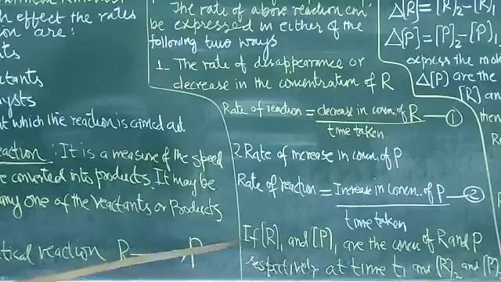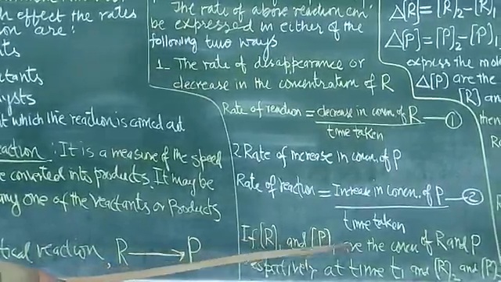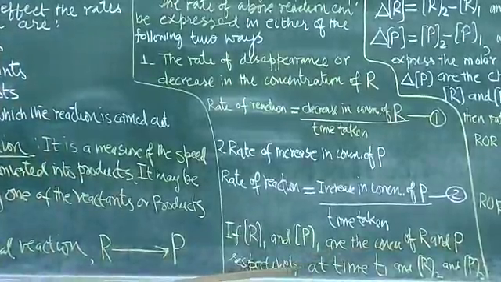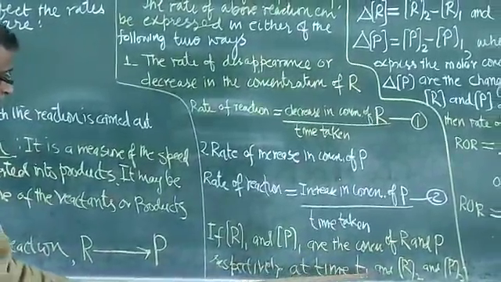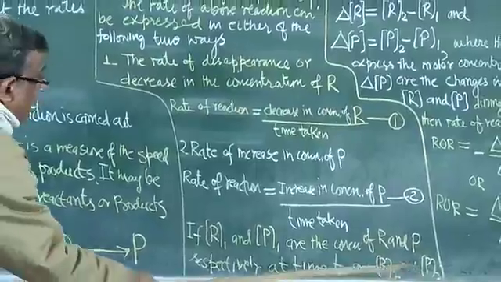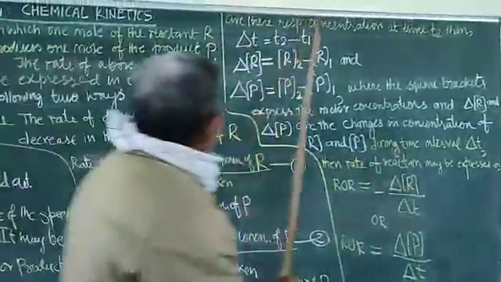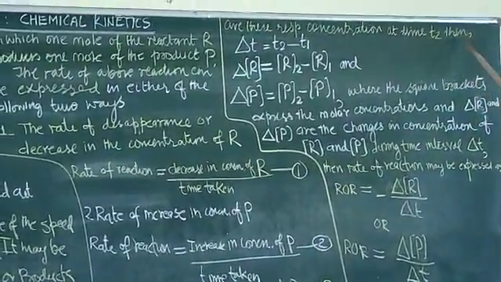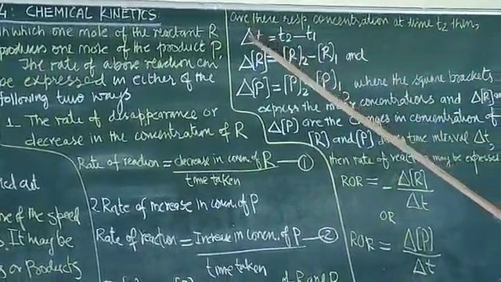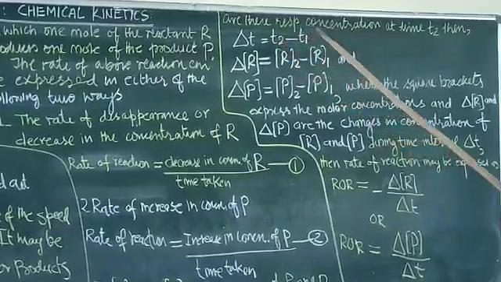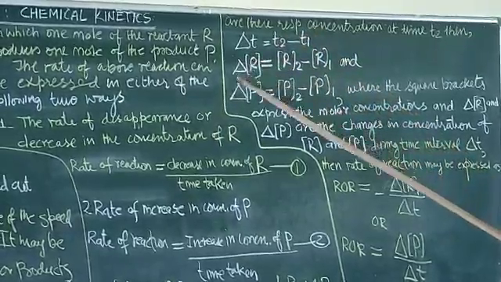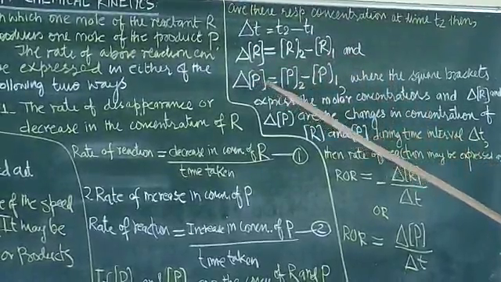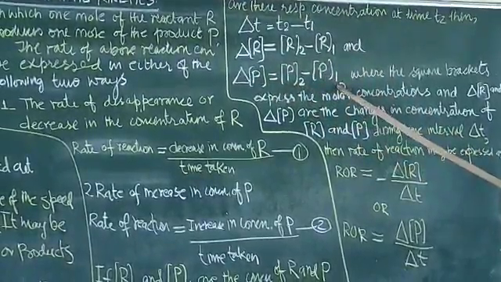Now, if R1 and P1 are the concentrations of R and P respectively at time T1, and R2 and P2 are the respective concentrations at time T2, then delta T is equal to T2 minus T1, delta R is equal to R2 minus R1, and delta P is equal to P2 minus P1.